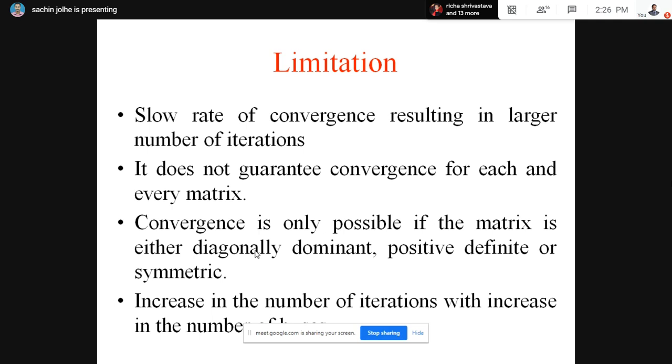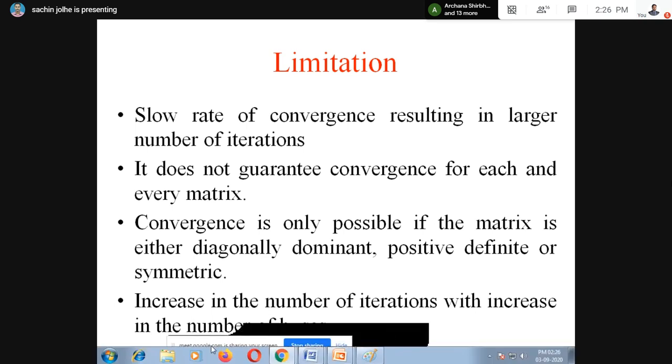Also, only if the matrix is diagonally dominant is it going to converge. Otherwise it is not possible to converge to one result. Then, as the number of buses increases, the equations increase.